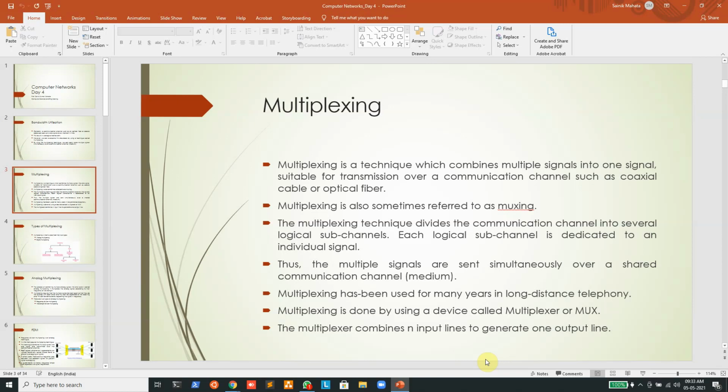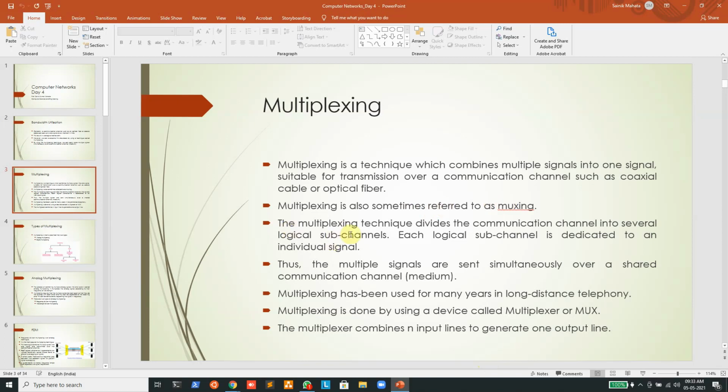Suppose there are three computers, so it will take three signals and combine them into one signal, right? And whenever we need to disintegrate this one signal, we will use a demultiplexing technique. Now how do we do this, we will see in the next slide. Multiplexing is also commonly referred to as muxing.